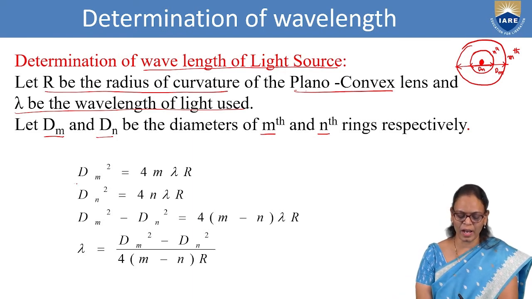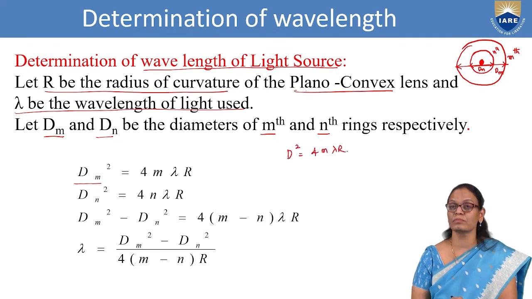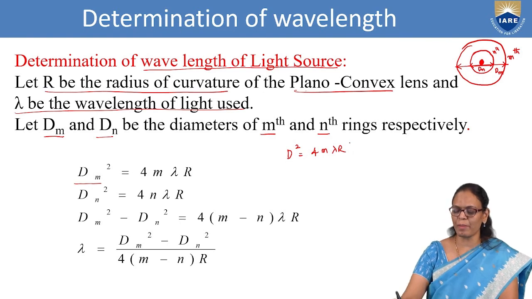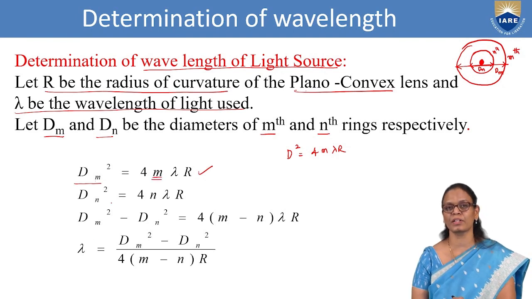So we have D square is equal to 4n lambda R, as we have seen. For the mth ring, it will be Dm square is equal to 4m lambda R. M represents the number of the ring.